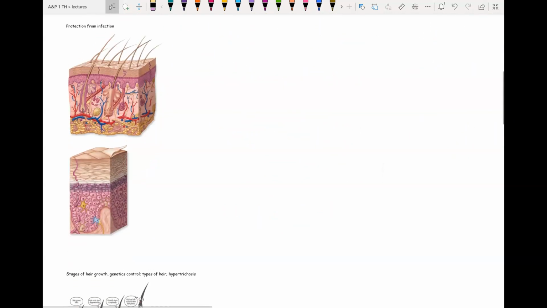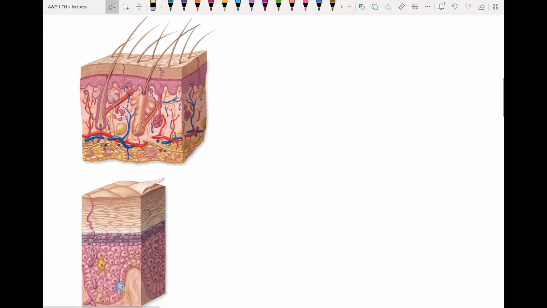So let's go on and look at another function of skin, which is protecting you from infection. There are several features of your skin that are going to protect you from infection because that's one of the main jobs of your skin. First of all, on the surface of your skin, you have what's called the acid mantle. You have your sweat glands making sweat, your sebaceous glands making oil.